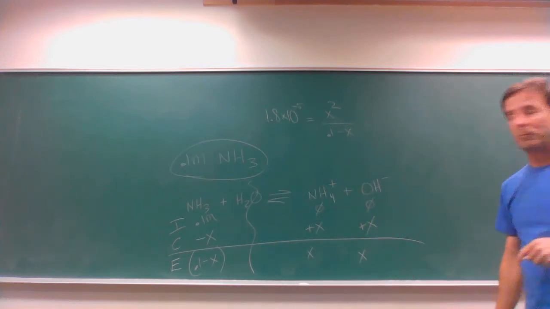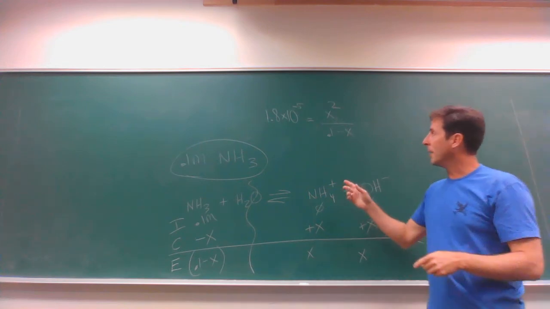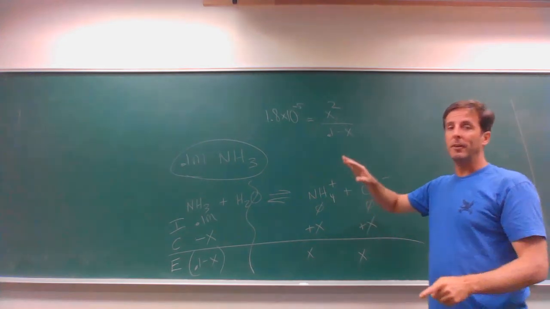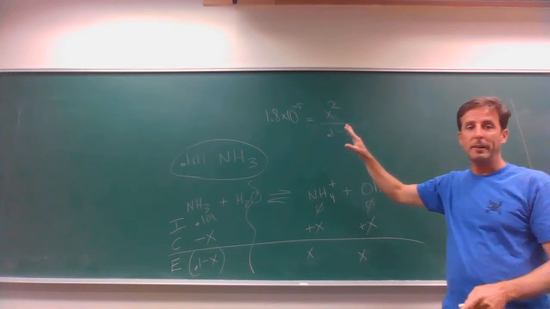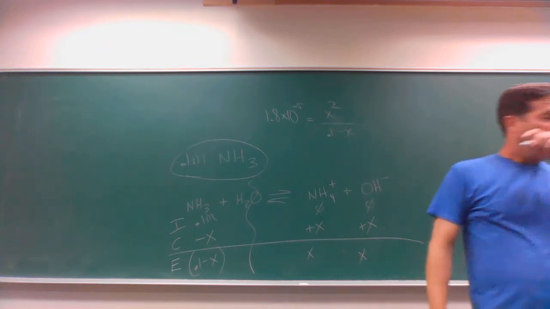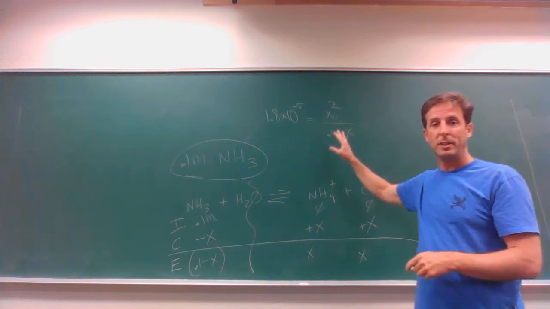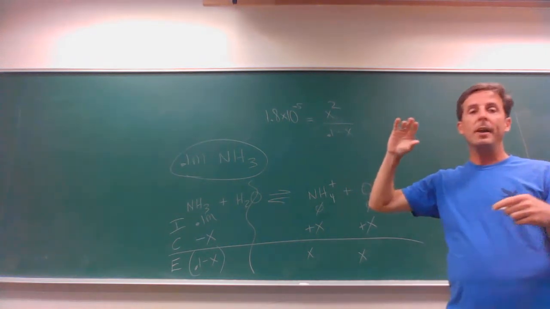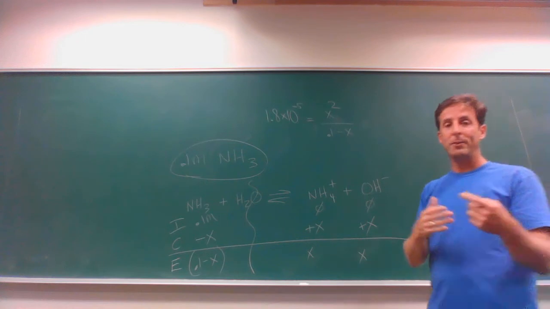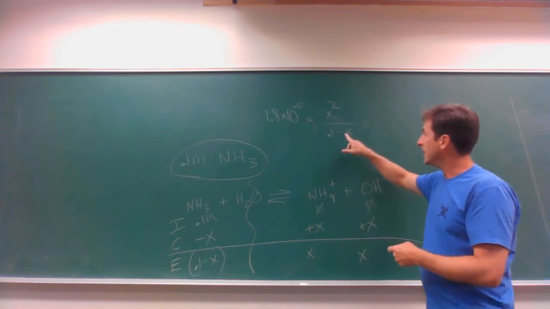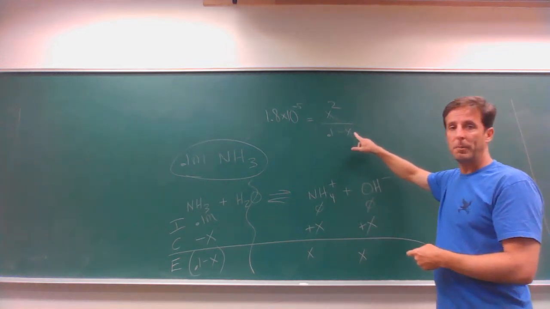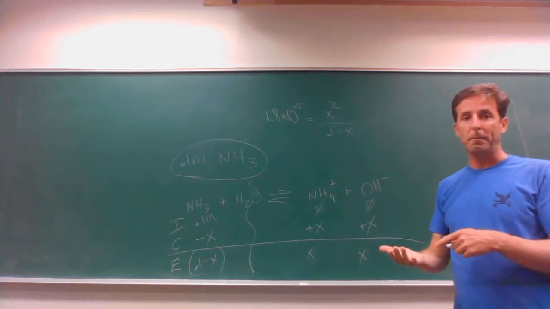Now, at this point, if I solve it properly, I would have to do the quadratic equation to get X. If I want to avoid that, I have to assess whether the amount that I'm losing of the base is going to be a significant amount or not.